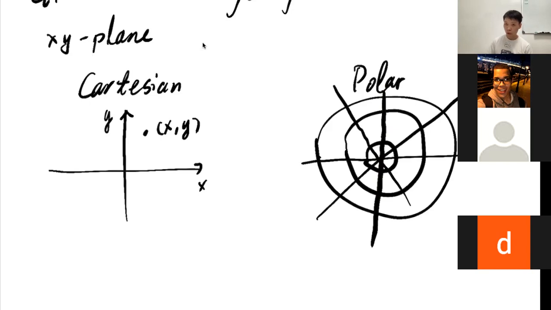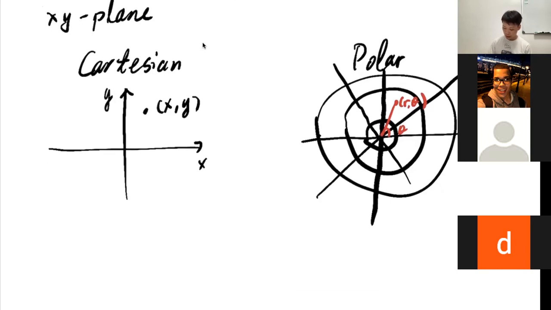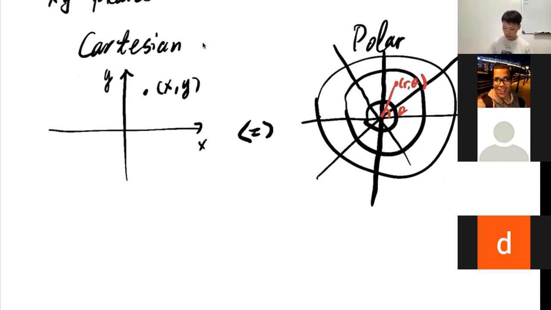Every point is now determined by the radius from the origin, r, and the angle from the x-axis, theta. The relationship is determined by the formulas x equals r cosine theta, and y equals r sine theta.